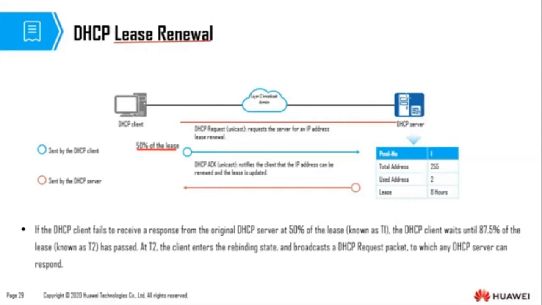So if the server gets it, it's going to reply with a DHCP acknowledgement. The DHCP acknowledgement here is to notify the client that the IP address can be renewed and the lease is updated. So for example, if the lease before was 8 hours and at 4 hours you ask for renewal, then it's going to be updated back to 8 hours. Is that clear?